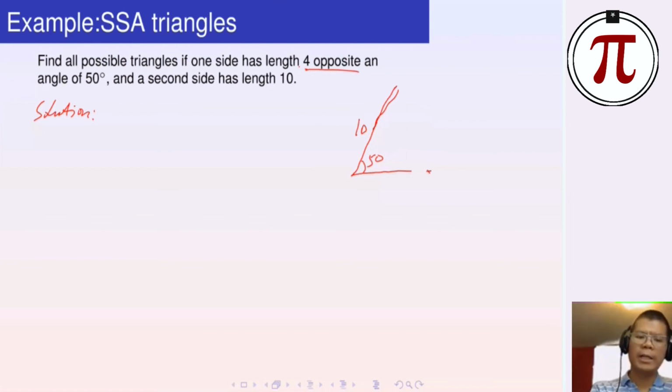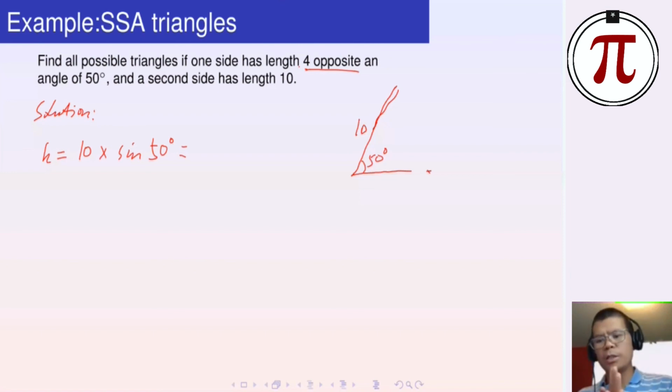Firstly, what is h? Since the adjacent side is 10 and the angle is 50 degrees, h equals 10 times sine 50 degrees. You determine it using the adjacent side times the sine of this angle.